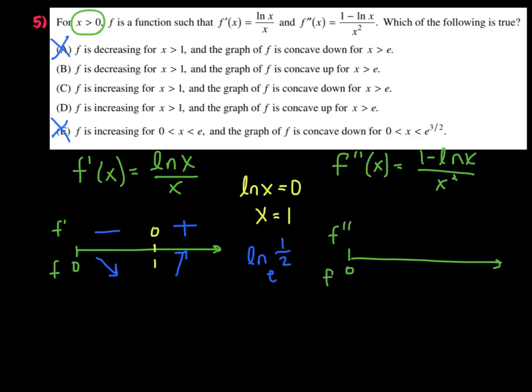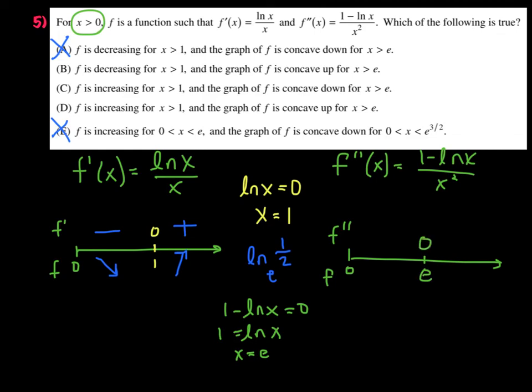Again, I have to say when does the numerator equal 0. So 1 minus natural log of x equals 0 when natural log of x equals 1. So natural log of what number is equal to 1? That would be e. And so I need to put an e on my graph here as the 0.